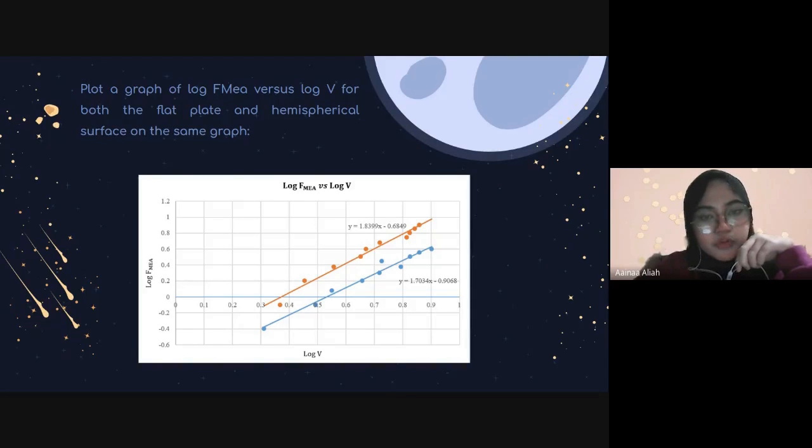And for this graph, we obtain the equation for both lines, which is y equals 1.7034x minus 0.9068 for flat plate, and y equals 1.8399x minus 0.6849 for hemispherical surface. Next.